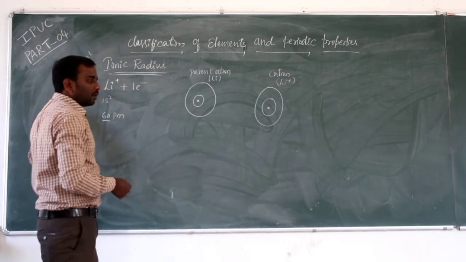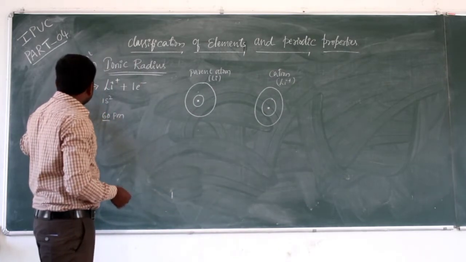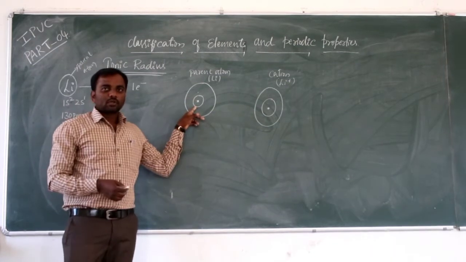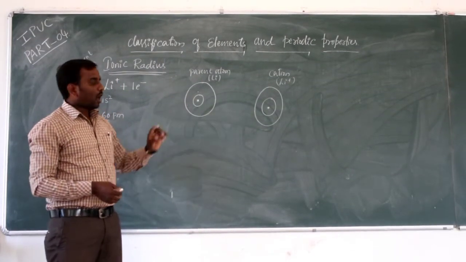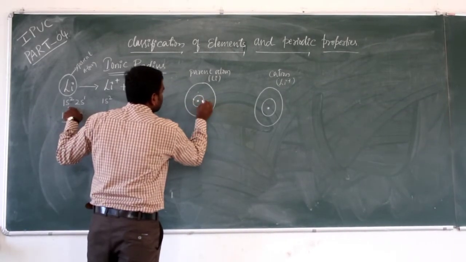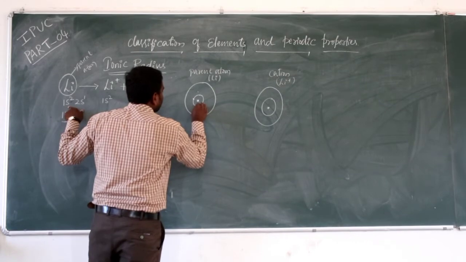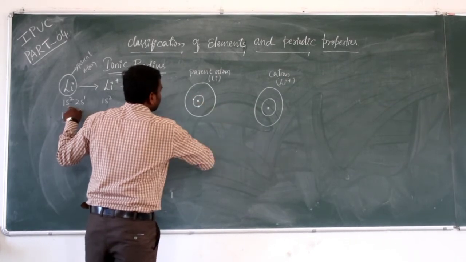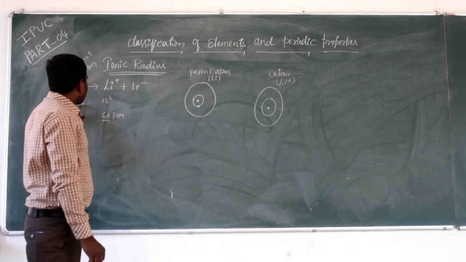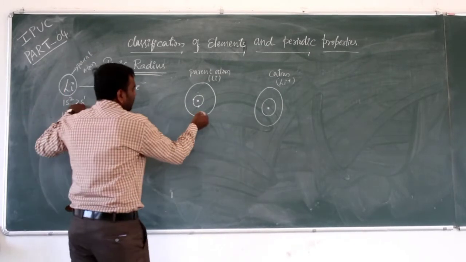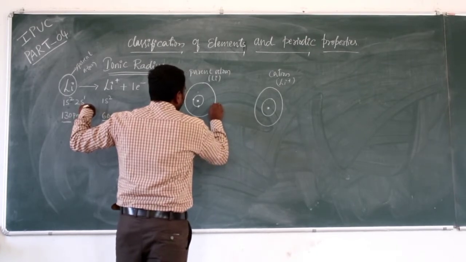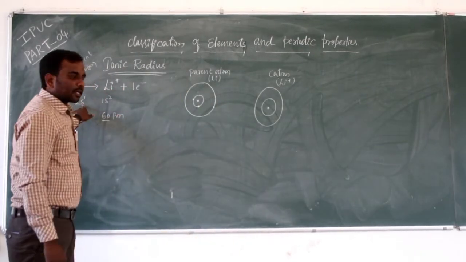Right? See. Listen here, dear students. Already we know that the first shell has 2 electrons. 2s1 is the second shell. The second shell contains only one electron. Is it clear?